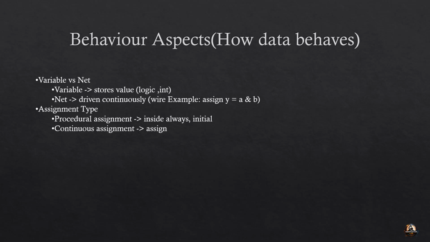So the different behavior leads to different variable or net declaration. Then we have assignment type. If it is a procedural assignment, then we can use one type of data type, while if it is continuous, we can use a different type of data type. Initial and always blocks are procedural. That means the code written inside will execute sequentially, whereas continuous assignments are concurrent in nature. So if we have 5 statements, all 5 of them will run in parallel.